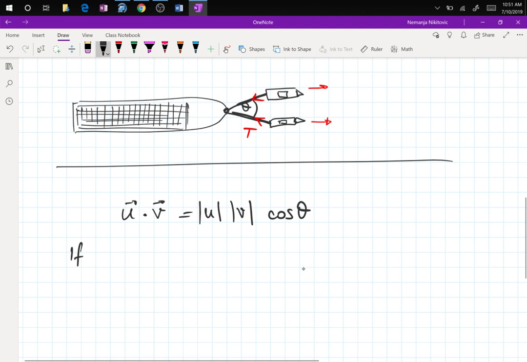If theta is equal to 90 degrees or pi over 2 radians, then cosine of pi over 2 is 0. And that would make u dot v 0.